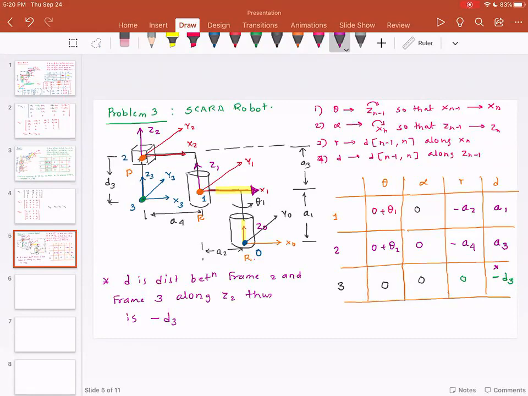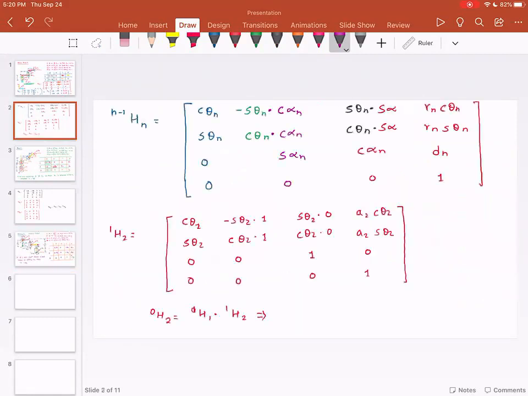And once the parameter table is done, what I should be doing is I should go ahead and construct my homogeneous transformation matrices with the formula that we talked about with this equation.